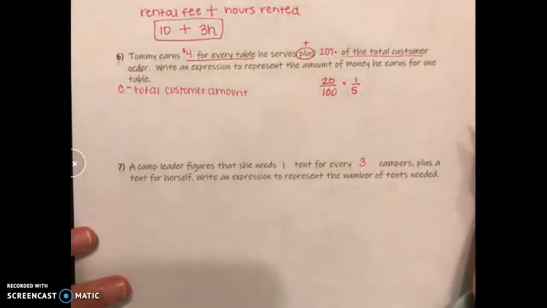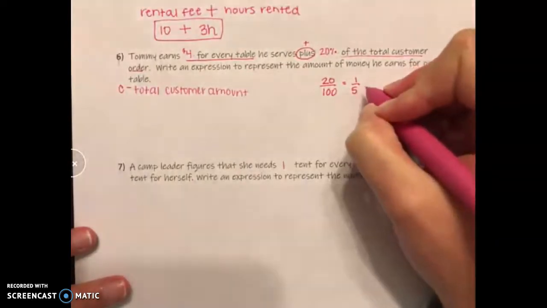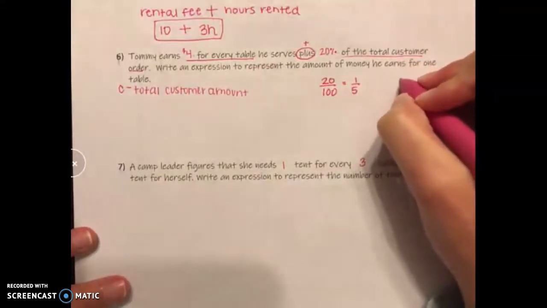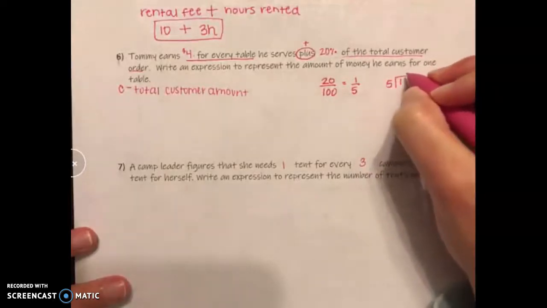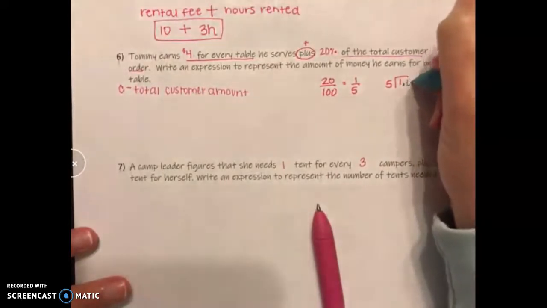But does it really make sense to keep it as 1/5? Not when we're talking about money. So what could we do? If it's in the form of a fraction, remember we can make this into a decimal. The top number always goes in the house, top dog always in the house. So 1 divided by 5. We can't do that, so we would have to add a decimal and a 0.